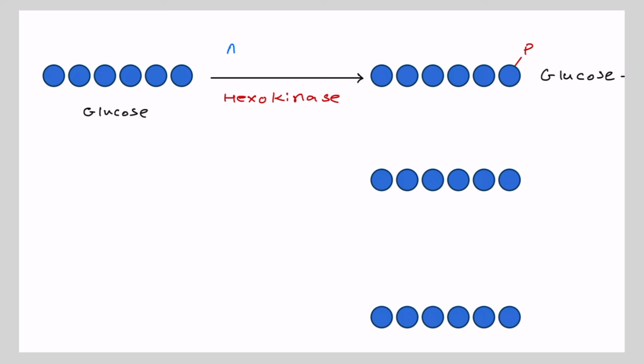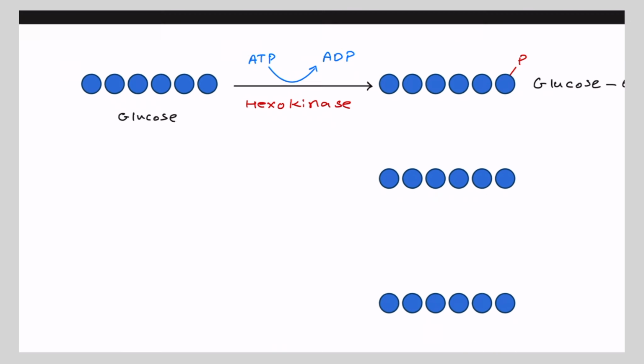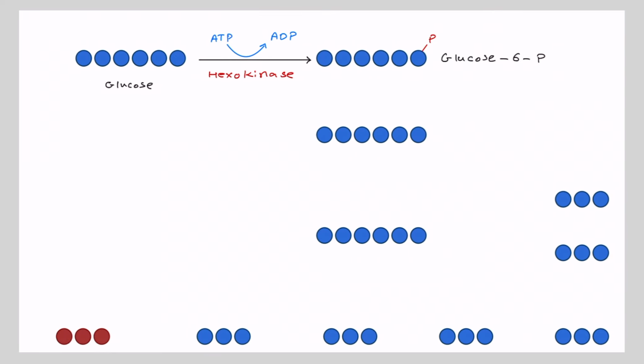A molecule of ATP is getting consumed and it's getting converted to ADP. So in the first step, we actually consume ATP instead of producing it. And the additional phosphate group that gets attached here comes to the carbon number 6 of glucose, and it's going to give us glucose 6-phosphate.